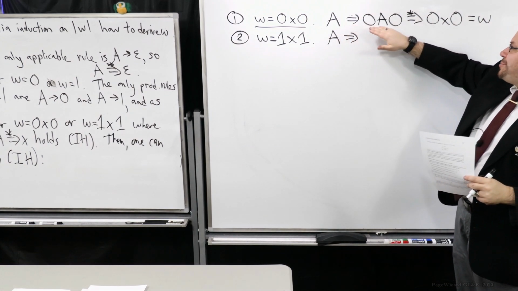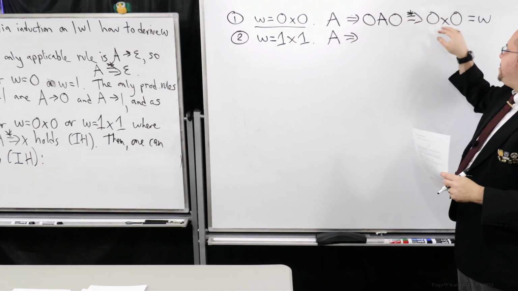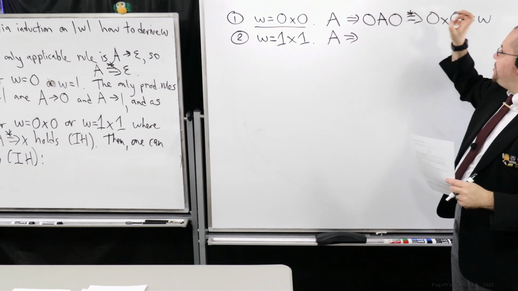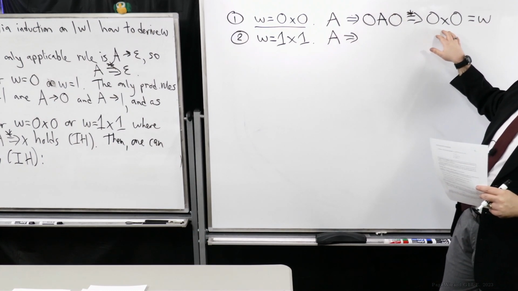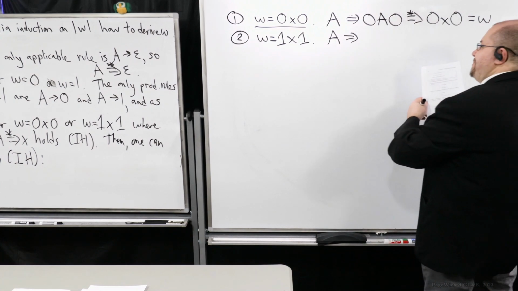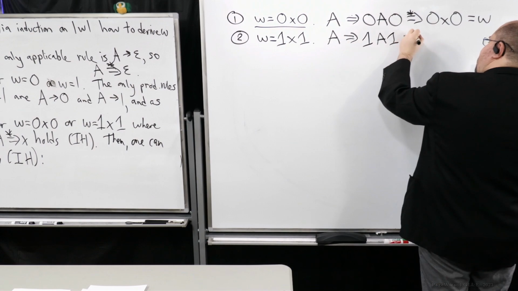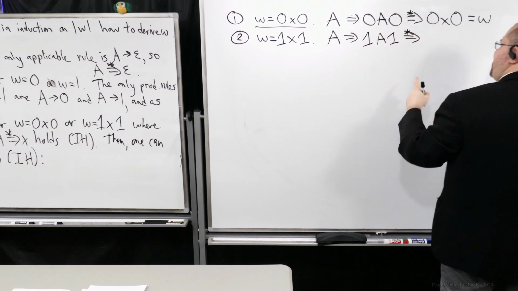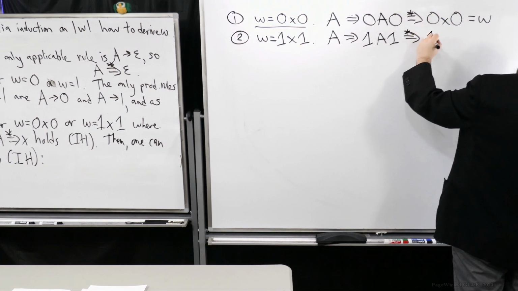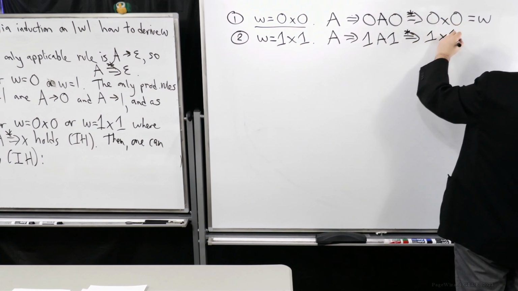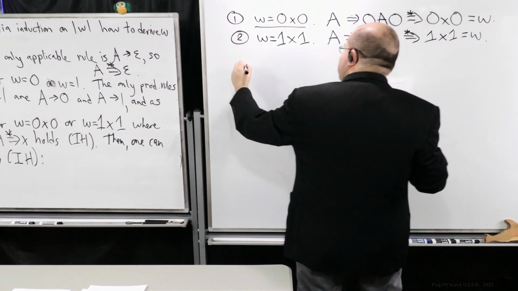So I'm applying the production rule to get 0A0, and then through a sequence of steps, because I know that A derives X, I should get this as a result. And that's W. So we do the same thing here. And by the induction hypothesis, I can replace A with X, which is just W, which completes the induction step.